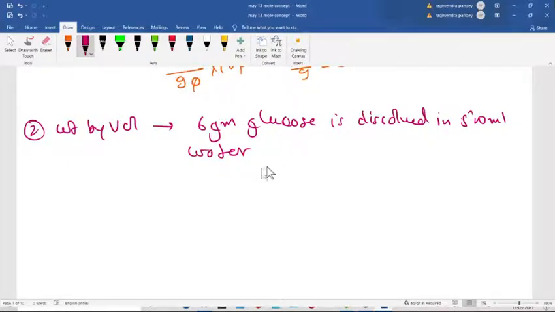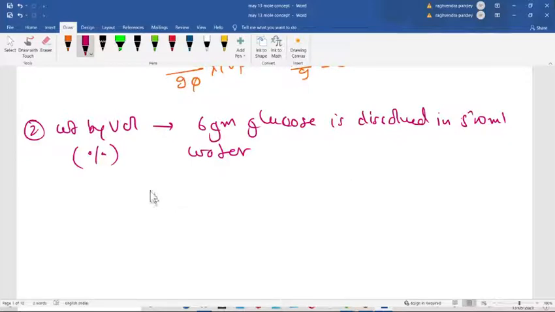So you have to find the weight by volume percentage, because we are talking about percentage. What is percentage basically? It is with respect to volume. Whatever the weight of this solid glucose is in some ml of water, you have to find what would be dissolved in 100 ml.